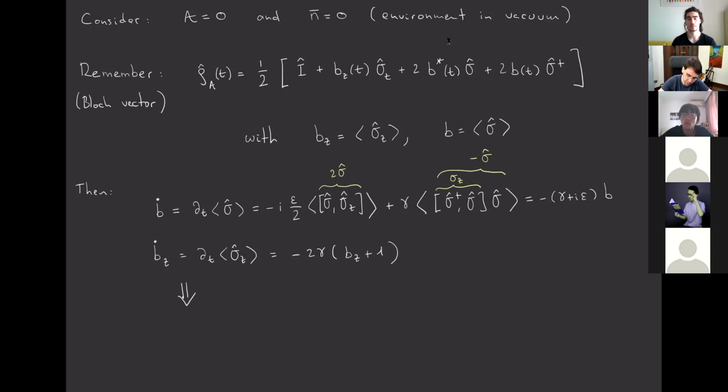And this automatically means that b(t) is just equal to b(0) and then an exponential of minus gamma plus i epsilon t.